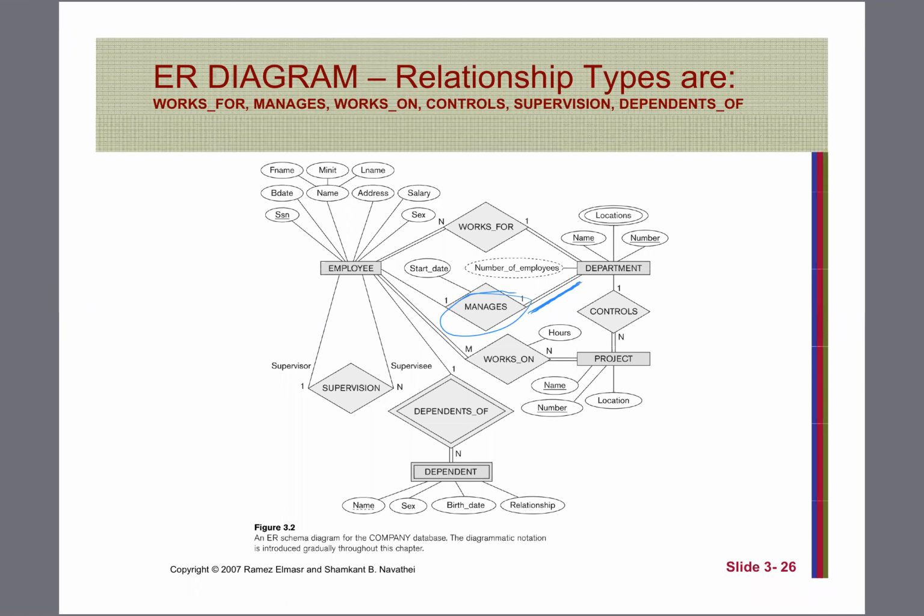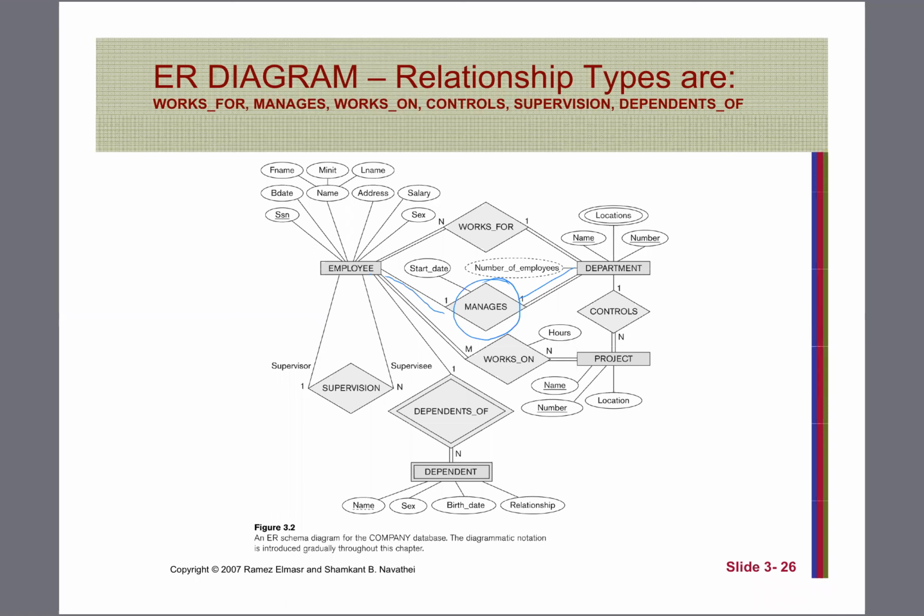That means all the departments compulsorily have to be managed by some manager who is going to be an employee of that company. And vice versa, it has a single line on this side. If you observe, there is a single line on this side. That means that every employee need not be a manager for any department.